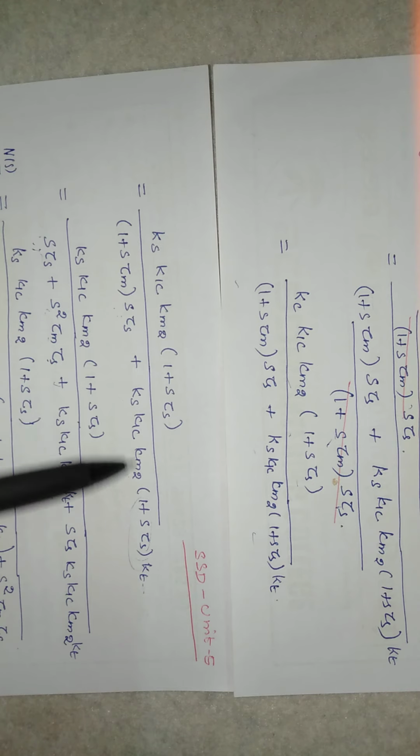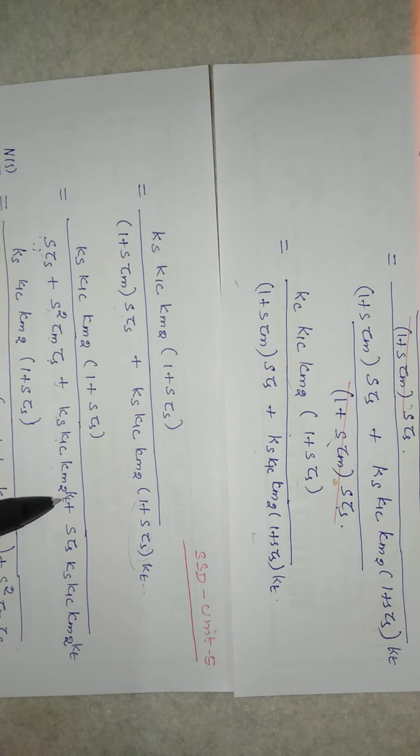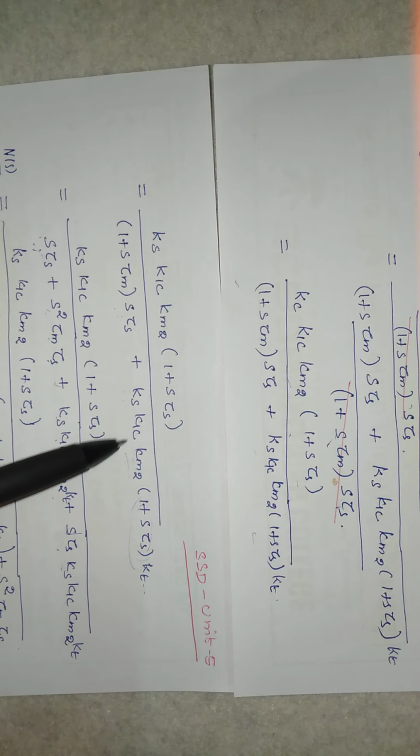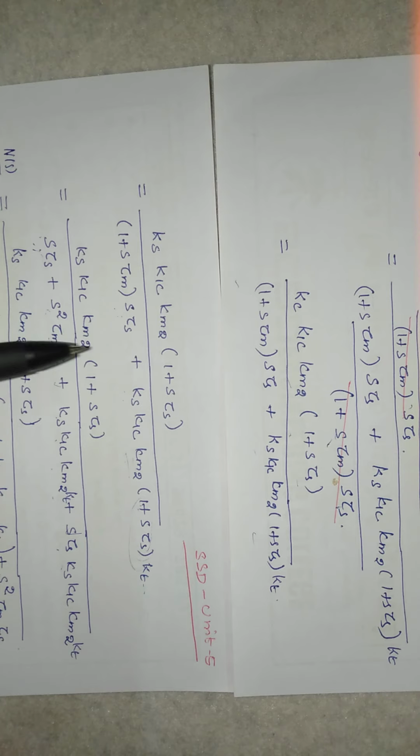So 1 into this entire term will be Ks, Kic, Km2, Kt, plus, then the remaining is plus, and again this term is multiplied with this term, so s into tau s, then Ks, Kic, Km2 and Kt. So we are just making a multiplication with the inner pair.